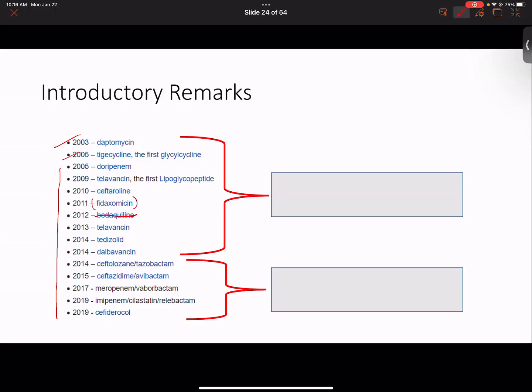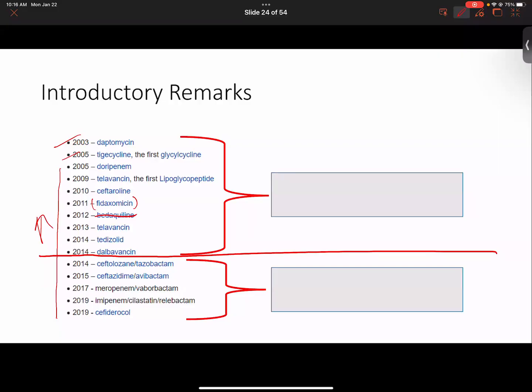The majority of those antibiotics listed above this line are intended to treat what type of infection do you think? Telavancin, tedizolid, dalbavancin, ceftaroline, daptomycin. Remember, I said, in my opinion, the drugs that have been discovered as of late are not broad spectrum, they're relatively narrow spectrum.